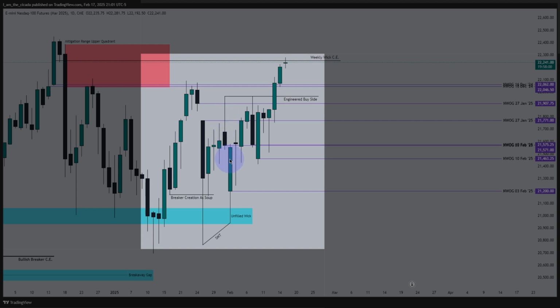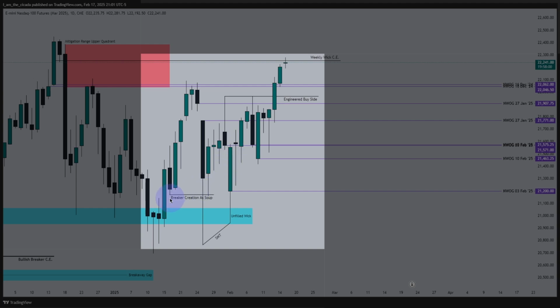Next week opens up, we have a big open lower here, and we create a new week opening gap here. And this here opens, moves lower into the unfilled wick, SMTs with ES, this low here, and then trades higher, filling the opening gap.